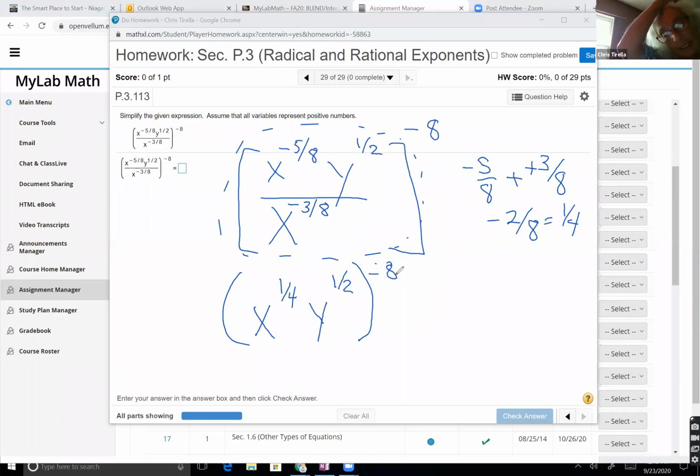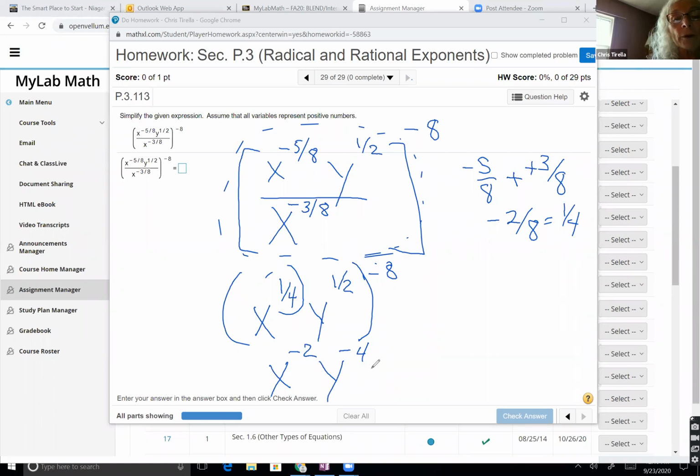Now we have to raise it to the -8th power. Now, when I raise a power to a power, do you remember, we multiply exponents. So 1/4 times -8, well, 1/4 of 8 is 2, so that's -2. Y, 1/2 times -8, well, 1/2 of -8 is -4.